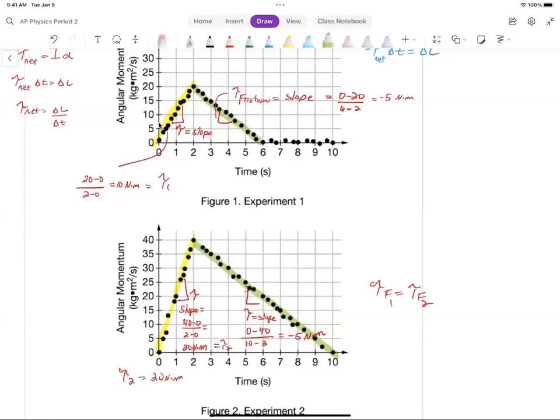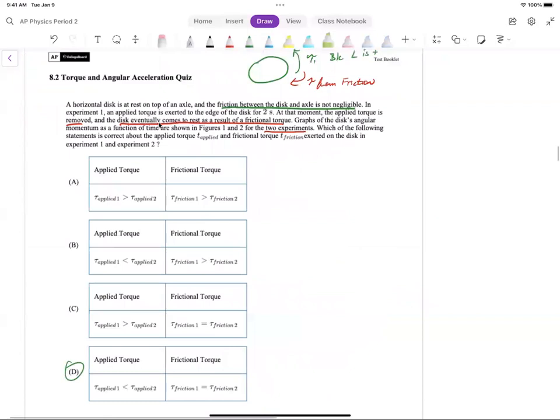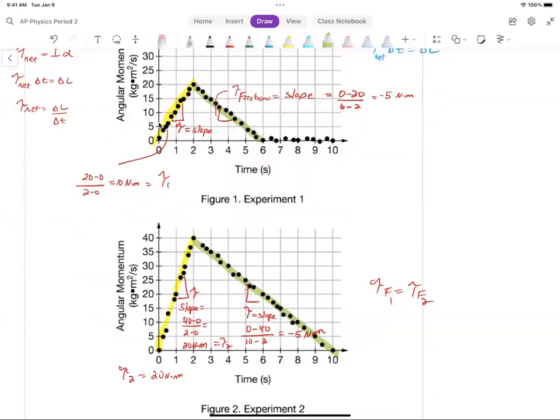And eventually come to rest. So what they want to know is, in the two experiments, which torque is greater, and what about the frictional torque between those two? If you calculate the slopes, which I did, in experiment 1 the applied torque is 10 newton meters, and in experiment 2 it's 20 newton meters. So experiment 2 had a greater torque.